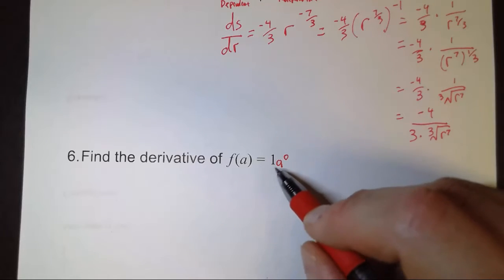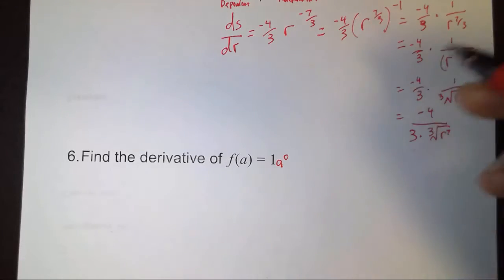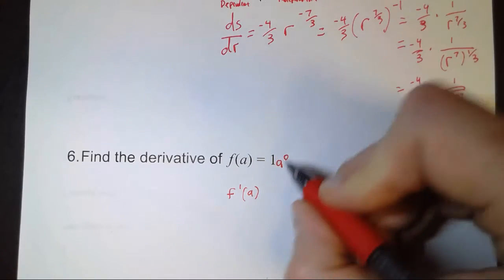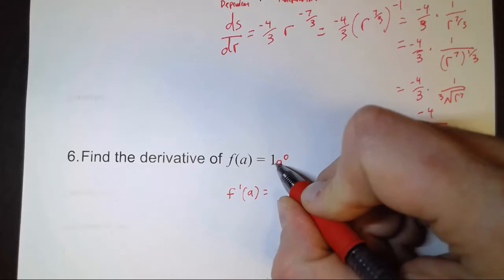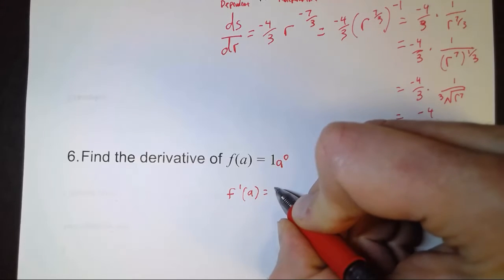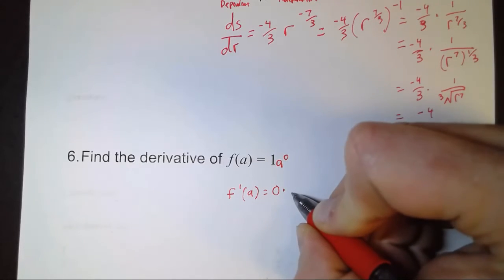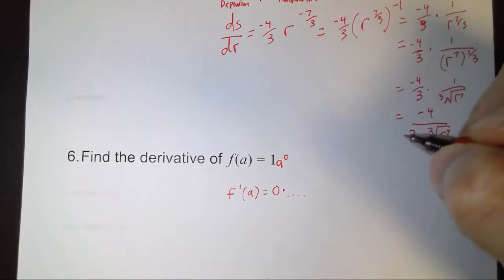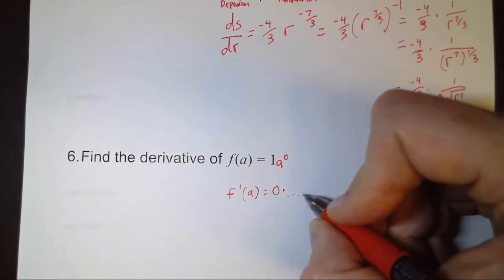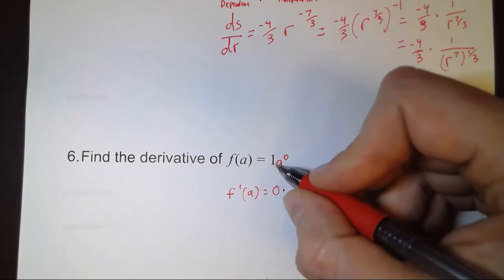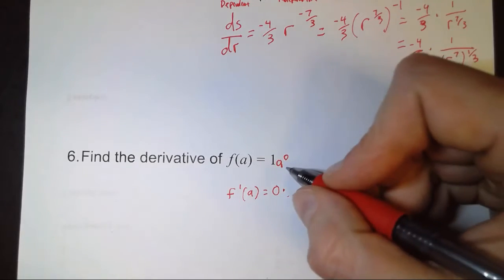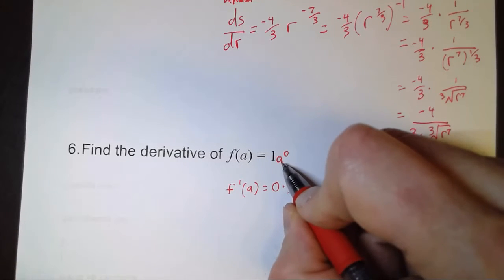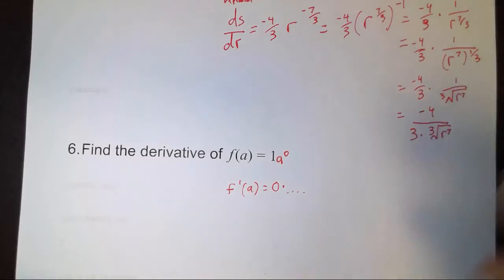And so we can write the derivative very easily, because if we bring down the 0, it's going to be 0 times, well, I can stop here. It doesn't matter what I write after this, because 0 times anything is still 0. And so that is our derivative. So anytime you see a constant, think of the variable being raised to the 0 power.